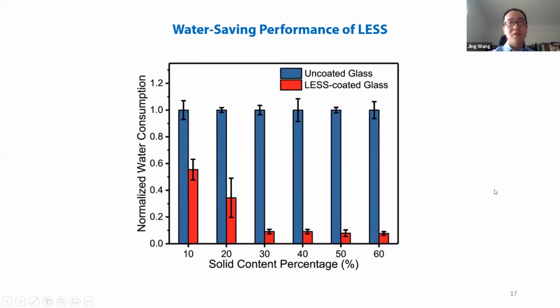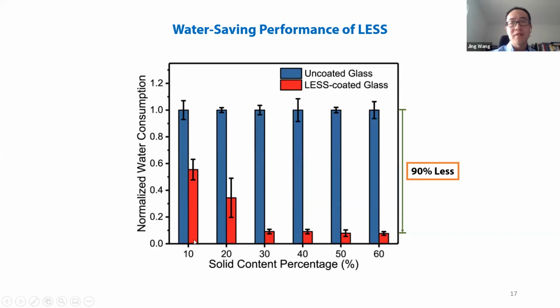And most importantly, we also validate how much water they can reduce to clean the surface. Generally, they can save 90% of the water to clean the surface. So we test different solid content percentages of the fecal waste. 10 and 20 means it's kind of watery fecal waste, like someone has diarrhea, and 30 to 40% is healthy fecal waste, and 50 to 60 is someone who has constipation. That waste is a little bit hard.